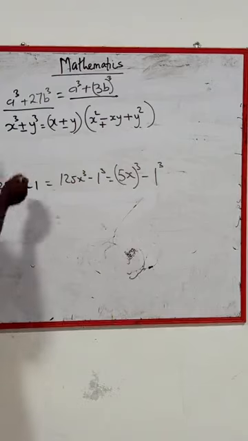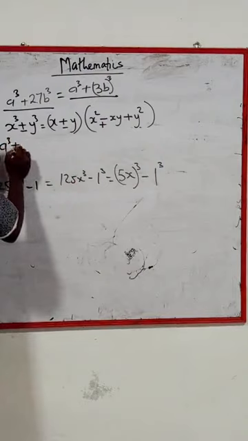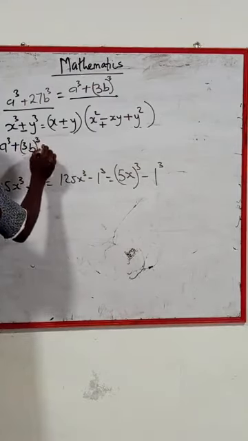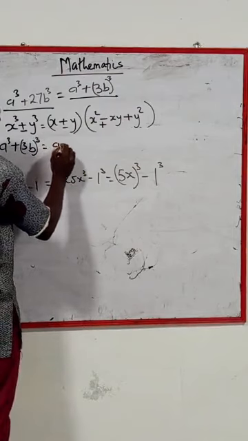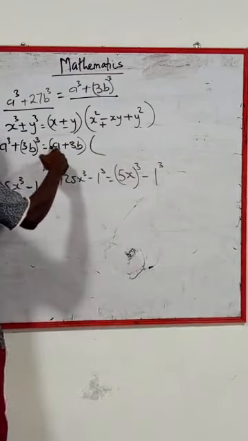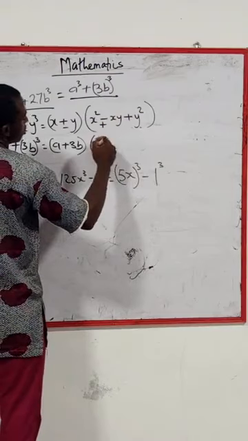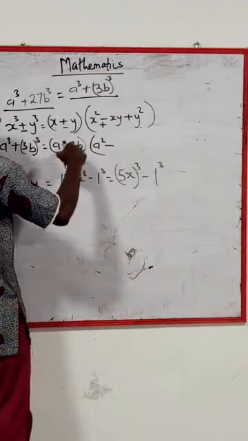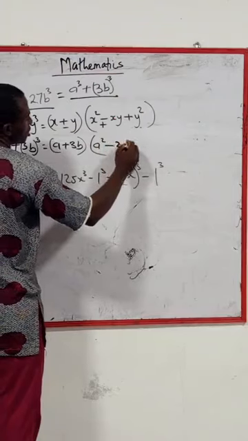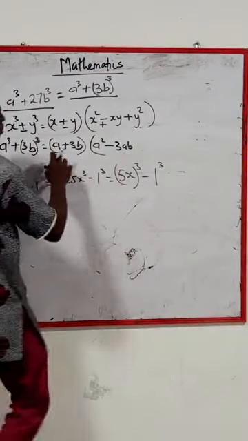So when we do that, we are going to see a raised to power 3 plus 3b cubed, like I've interpreted there already. I'm going to have something like this: open bracket a plus 3b close bracket, then what is the square term of a? It is a squared. Don't forget I'm using minus there. Then a times 3b will give us 3ab.